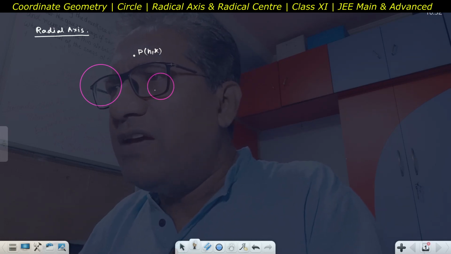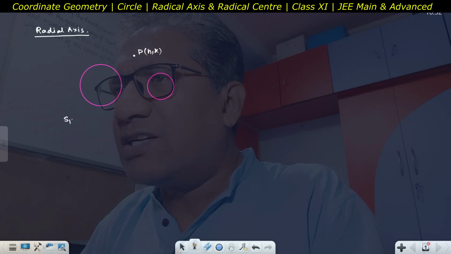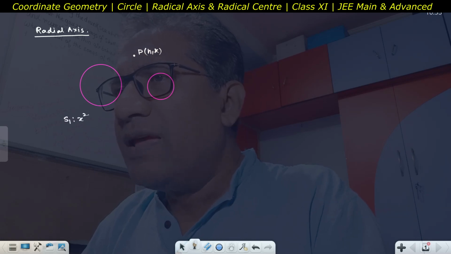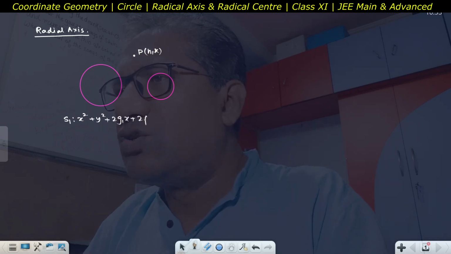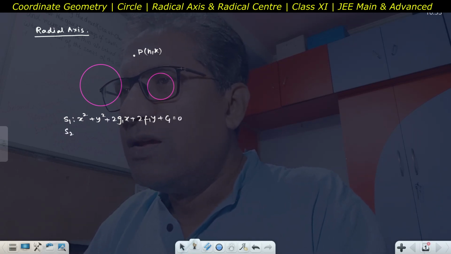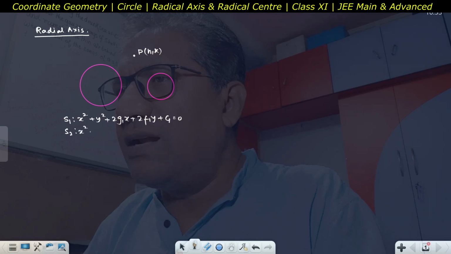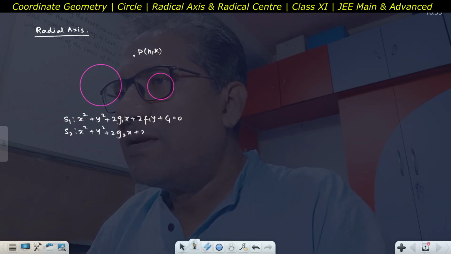Now we have been given two circles. Let us say the first circle is x square plus y square plus 2g1x plus 2f1y plus c1 equals to 0. We are using the general equation of the circles. The second is x square plus y square plus 2g2x plus 2f2y plus c2 equals to 0.